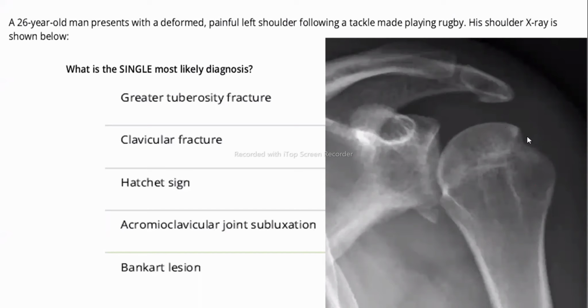No, it is discontinuous. You have a depression here. This depression is called the Bankart lesion, where you have bone fractured.